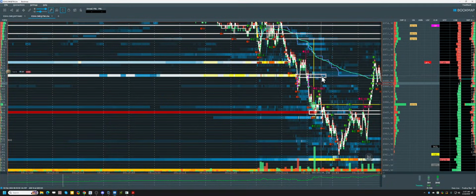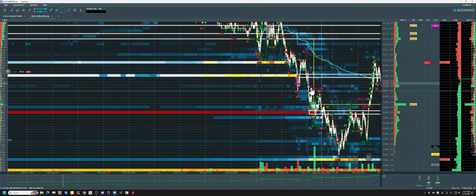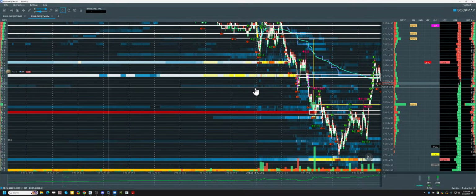Let's see if we can do this. And what else do we have? So this becomes the volume point of control. This is resistance. This is where you'd want to go. Let's see if we can get a trade in here.